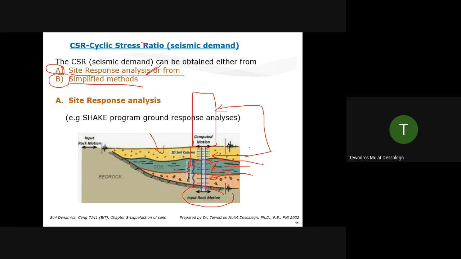Normally, we do first the soil part without the structure. That's what we call site response or ground response analysis. If we are modeling also the structure, that's when we call it soil structure interaction.